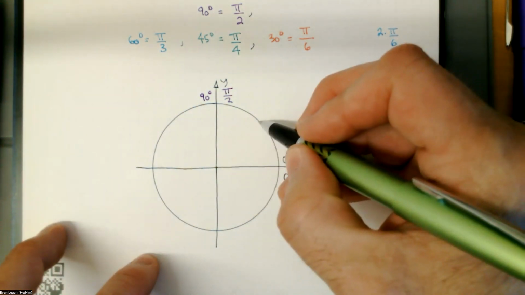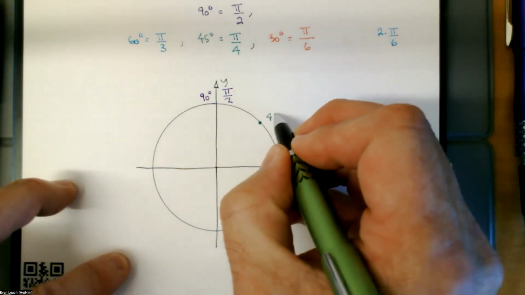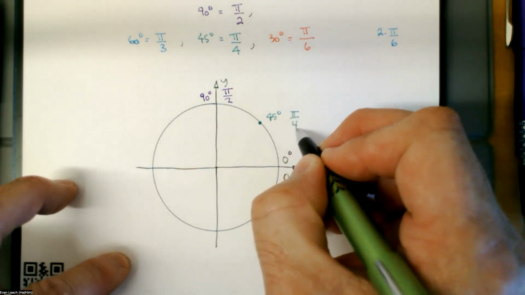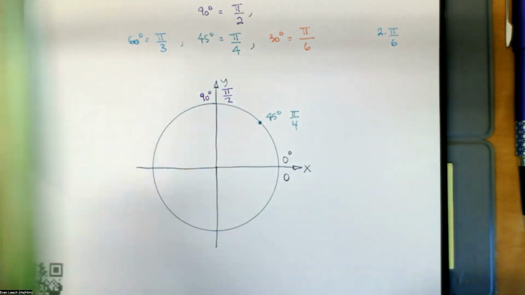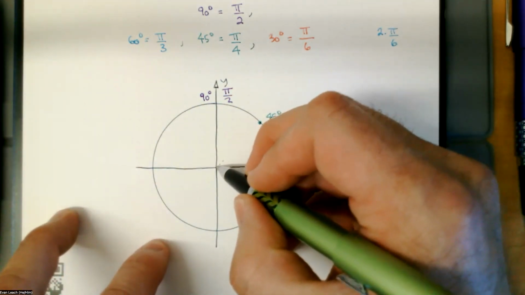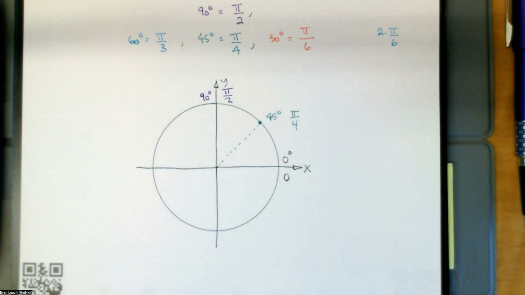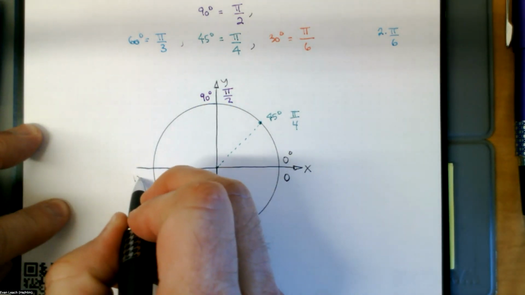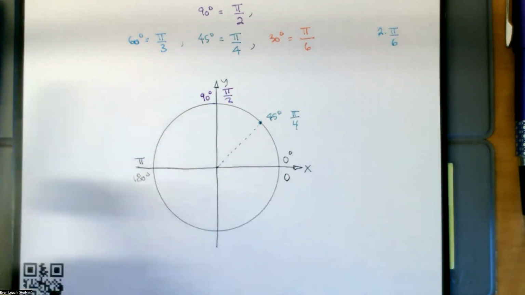Halfway up at 45 degrees, 45 degrees is pi over 4 radians. We know that 180 degrees is pi radians.